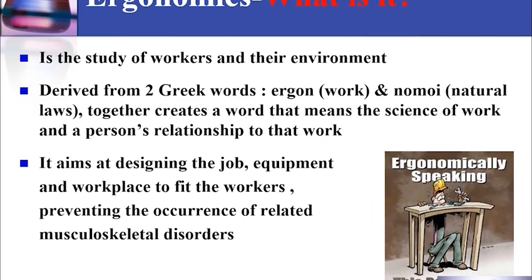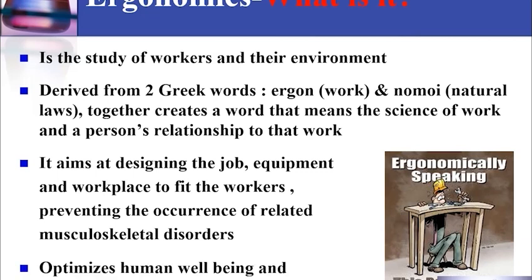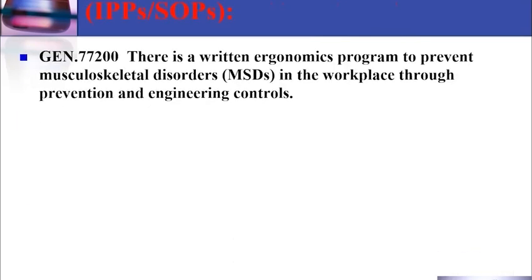It aims at designing the job, equipment, and workplace to fit the workers, not the other way around, preventing the occurrence of related muscular disorders. It optimizes human well-being and overall system performance.